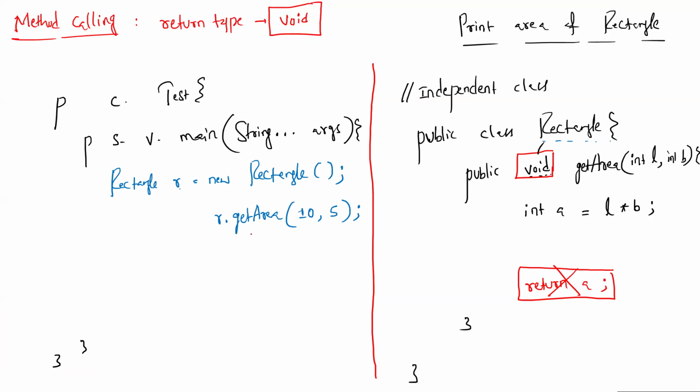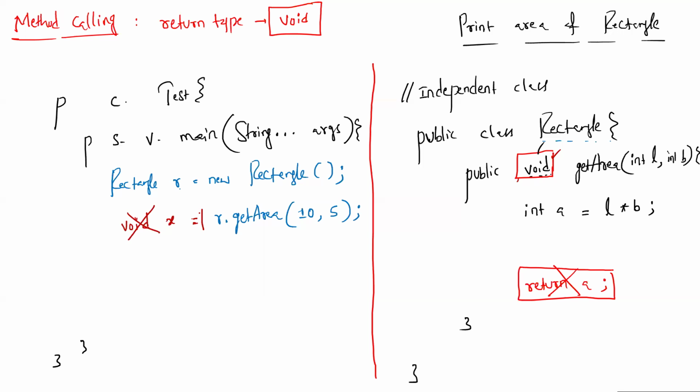Then what's the previous approach? Whatever the return type is, accordingly we have to use the data type here to store it. Now what's the return type? It's void, right? Then can we use a data type void with some variable of the programmer's choice, equals, on the left-hand side to store it? No, because void is not a data type.